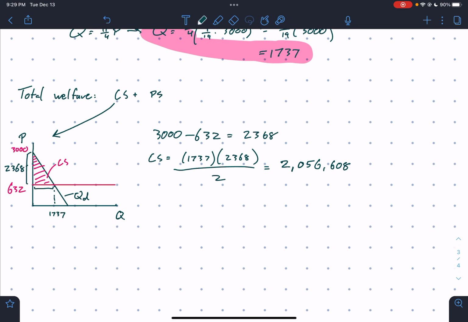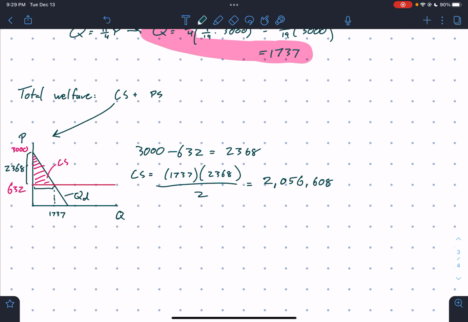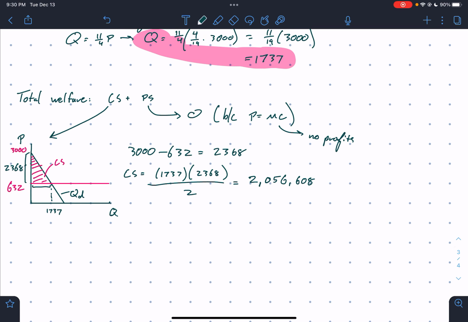Now, one thing we'll note here is the producer surplus is going to be 0 because price will equal marginal cost. In other words, there are no profits for the firm. So the producer surplus is 0.